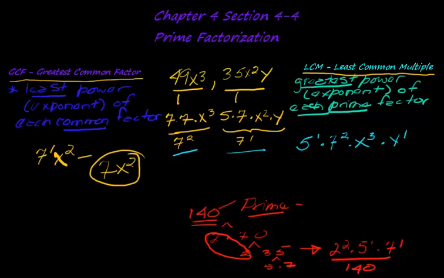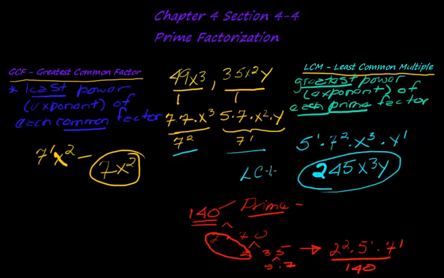So if we multiply that out, we get 245 x to the third y, and that is the LCM of that expression. And going back over here, this is the greatest common factor of this expression.